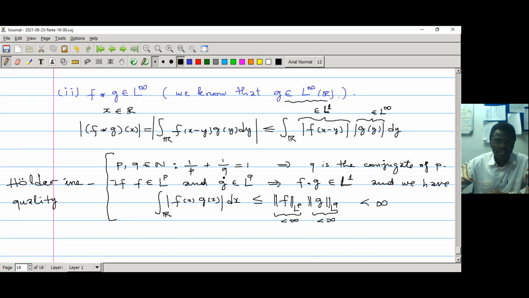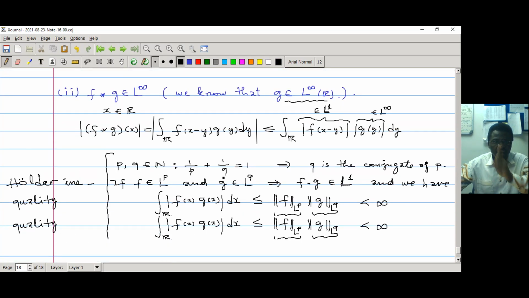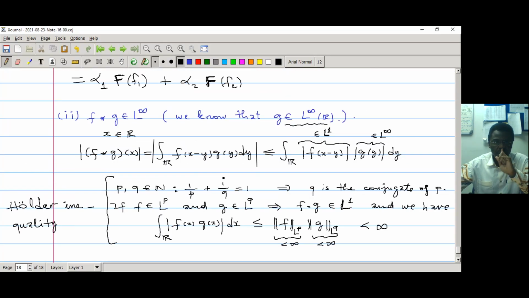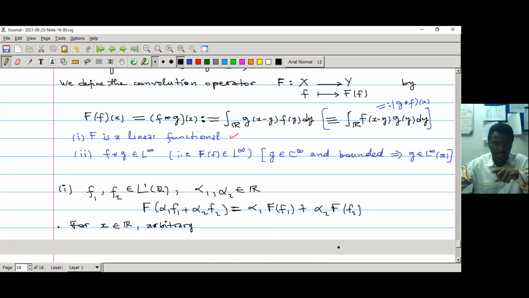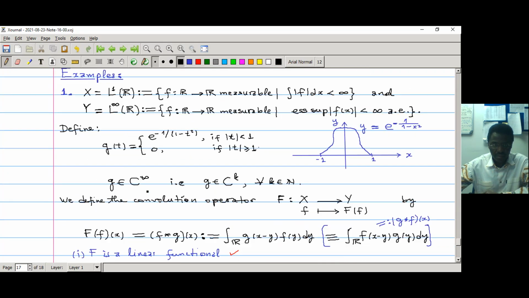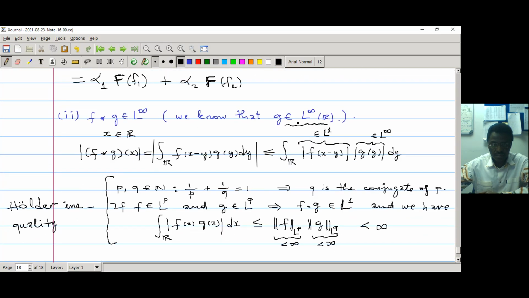So, okay, now let's look at our situation. F is in L1 and G is in L infinity. If you go back, look at this. You can see that F there is in L1 and G is in, that's what I wrote here, L infinity, right?